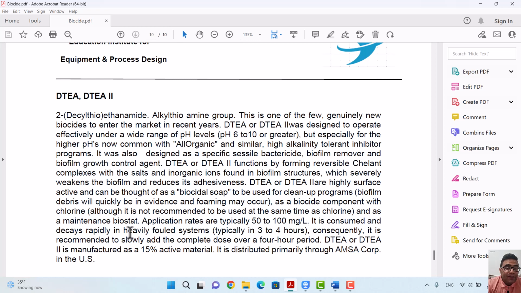In heavily fouled systems, it is consumed in 3 to 4 hours, and the mechanism is forming reversible chelant complexes with the salts in biofilm structures. And of course it can be used under a wide range of pH levels from 6 to 10 or greater.